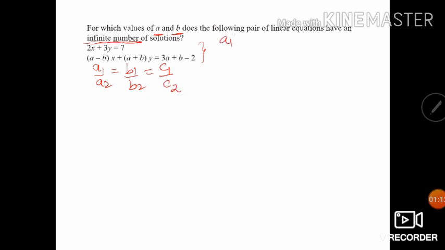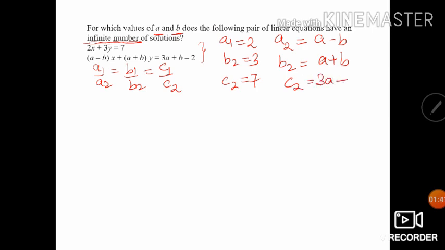So let's write down what our values of a1, b1 and c1 are. a1 is 2, b1 is 3 and c1 is 7. Similarly, writing the values of a2, a minus b, b2, a plus b and c2, 3a plus b minus 2.